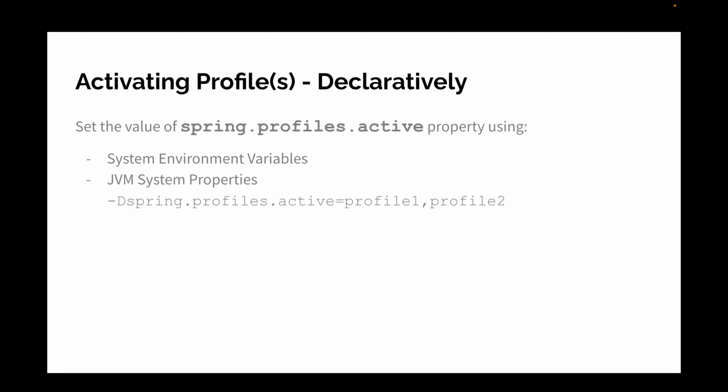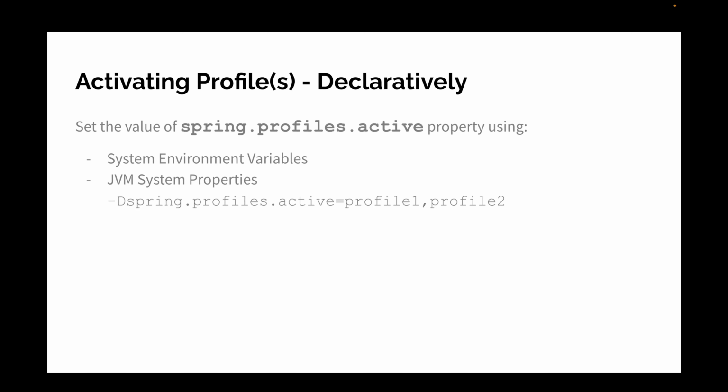In your production environment, you may have one system environment variable with the spring.profiles.active key, and the value can be production. In that case, whenever you run this application, the active profile will be production. And in your local environment, while developing, you can set the value of the spring.profiles.active system variable to development.